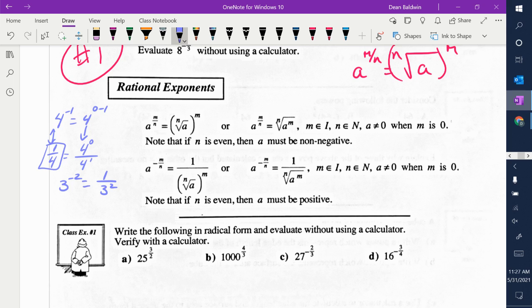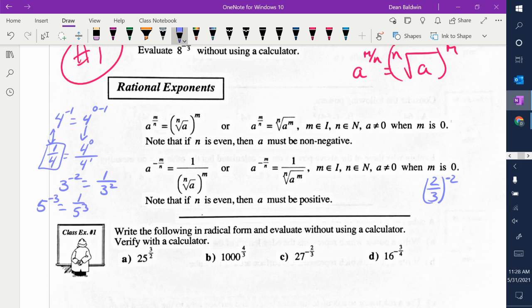But if I had, I'll just do one more, 5 to the negative 3. What does 5 to the negative 3 become? 1 over 5 cubed. If you have a fraction, so if I have 2 over 3 to the negative 2, flip the whole fraction.